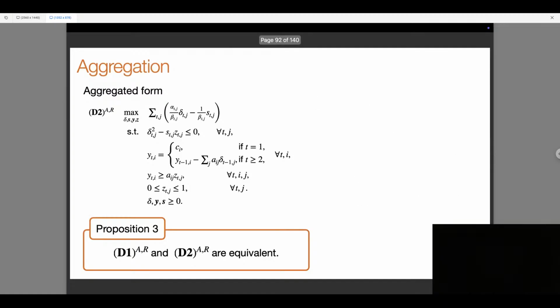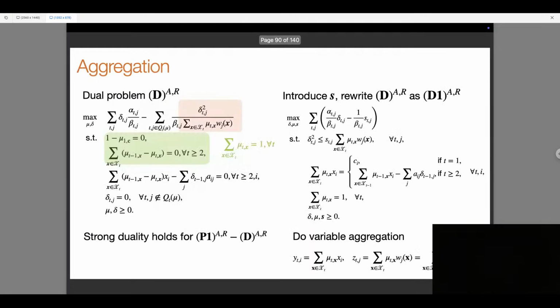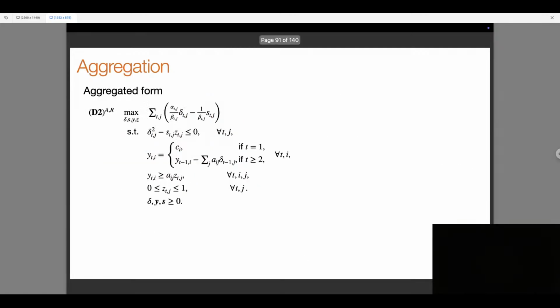So once we solve the D2AR problem, I notice that the mu here remains an infinite number of decision variables.